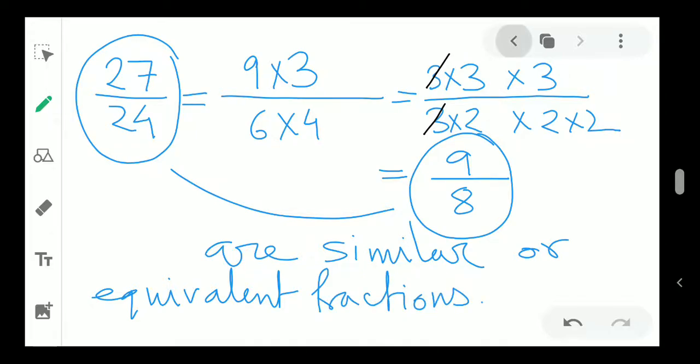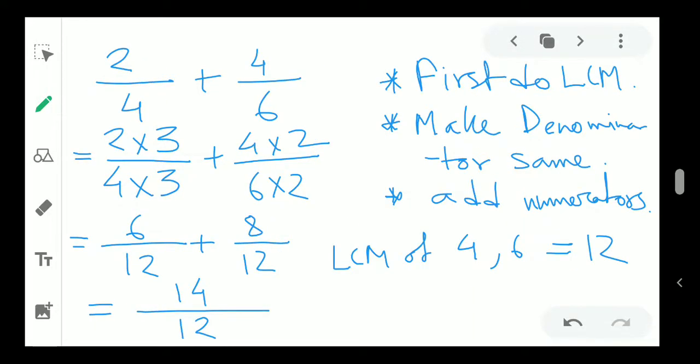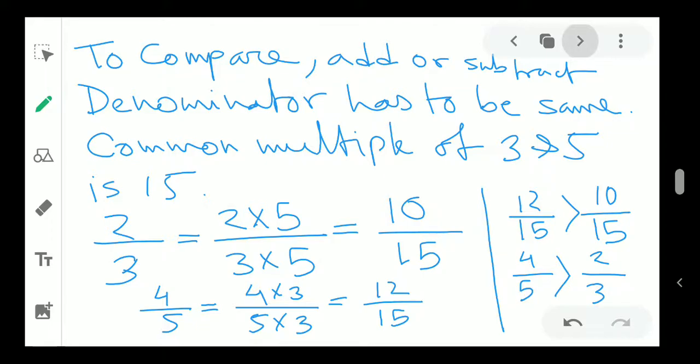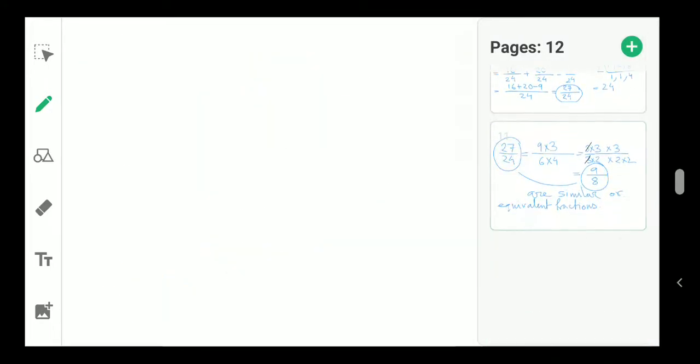So this was about how to subtract, how to add, and how to compare fractions. So that means today's topic is that denominator has to be same. So to compare, to add, to subtract, denominator has to be same. So how to make the denominator same?